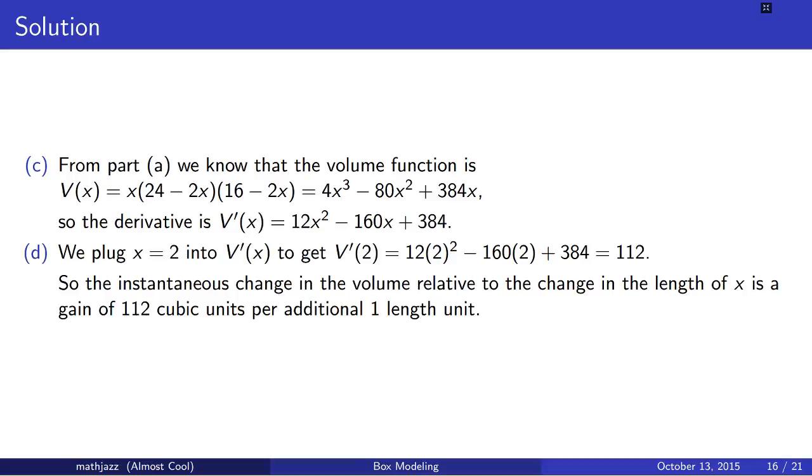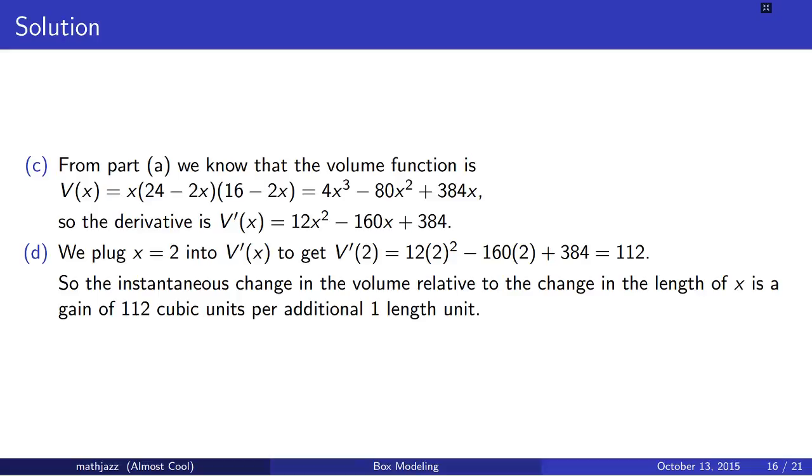because as we cut more and more out of the corner, even though the box is getting taller, the sides are getting shorter, and that will eventually become the dominant force and give us a smaller and smaller box. So initially, a small x will mean a short box that can't hold very much, and then as x gets bigger, we get a taller box that can hold more, and x continues to get bigger.